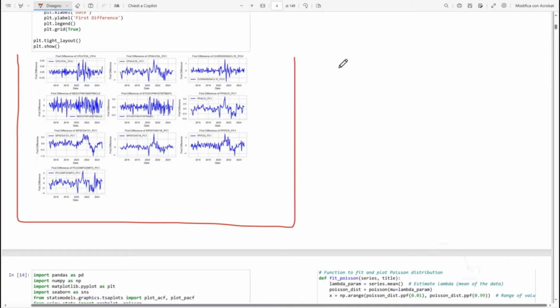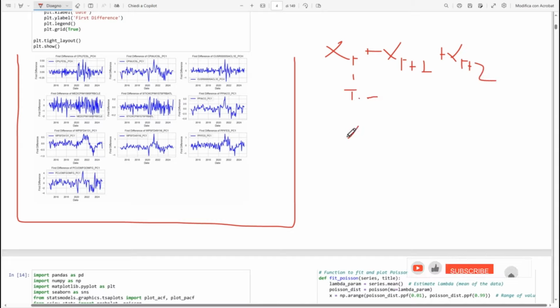As I said the other day, the first difference is x(t+1) minus x(t), because it's a time series, it's dependent on time.